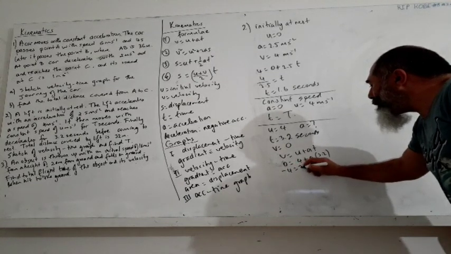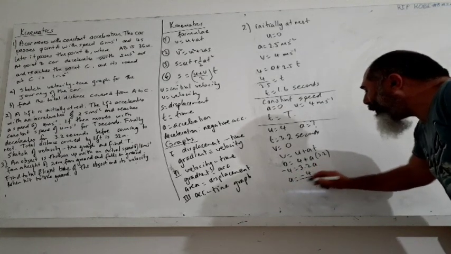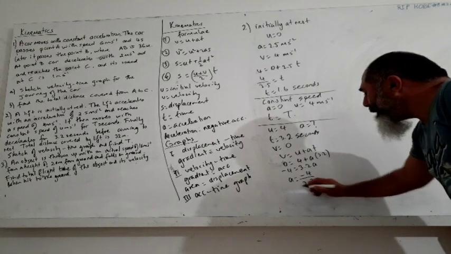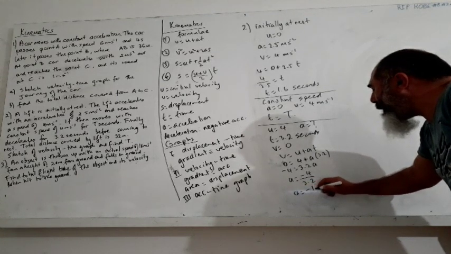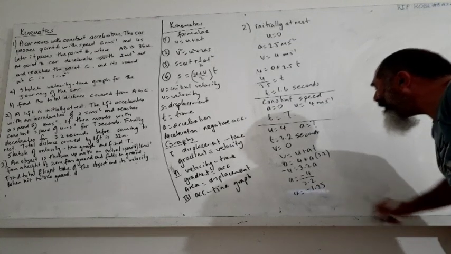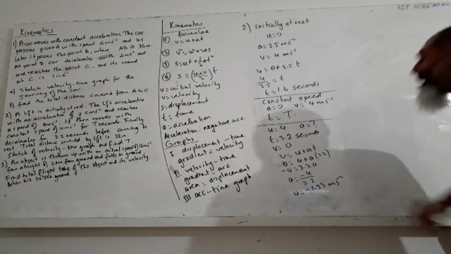Acceleration is equal to minus 4 over 3.2. So acceleration is equal to minus 1.25 meters per second squared. That's the acceleration for the third part of the journey.